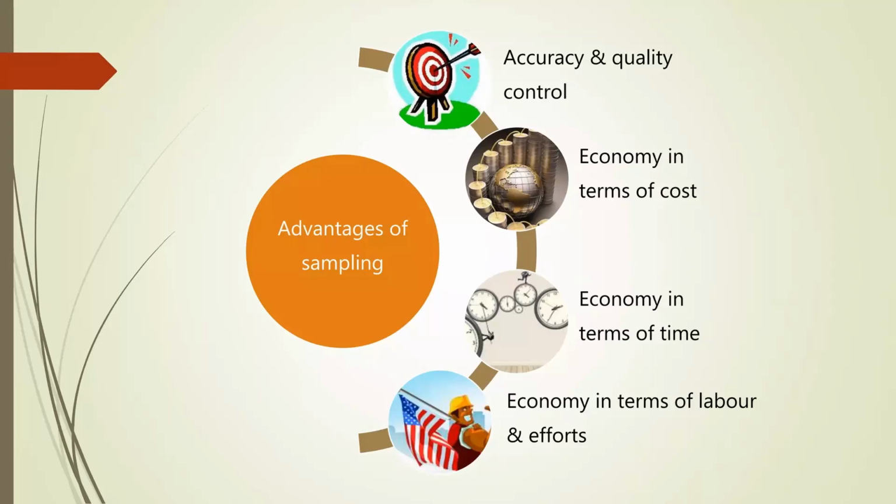It will also permit a high degree of accuracy due to a limited area of operation or limited group of operation. Moreover, careful execution of the field work is possible, because if you are taking the whole field, it will be very difficult. If you are taking some part of the field, it is easier. Ultimately, the results of the sampling study will turn out to be sufficiently accurate, because you can take a small part of it that is representing the population, and definitely whatever you get is correct or accurate results.